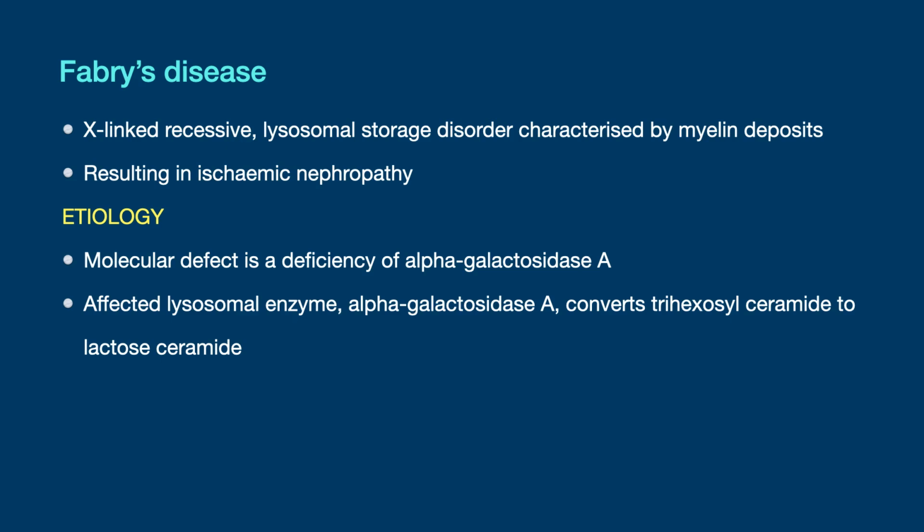Accumulation of trihexosyl ceramide in the endothelial smooth muscle cells of blood vessels causes ischemia and infarction, particularly in the kidneys, which explains the elevated urea and creatinine levels and presence of proteinuria.